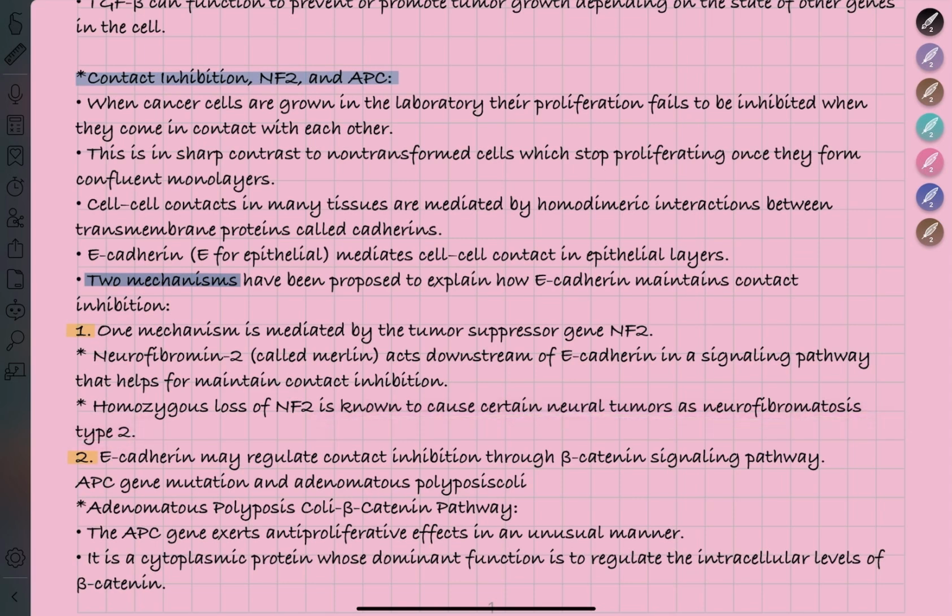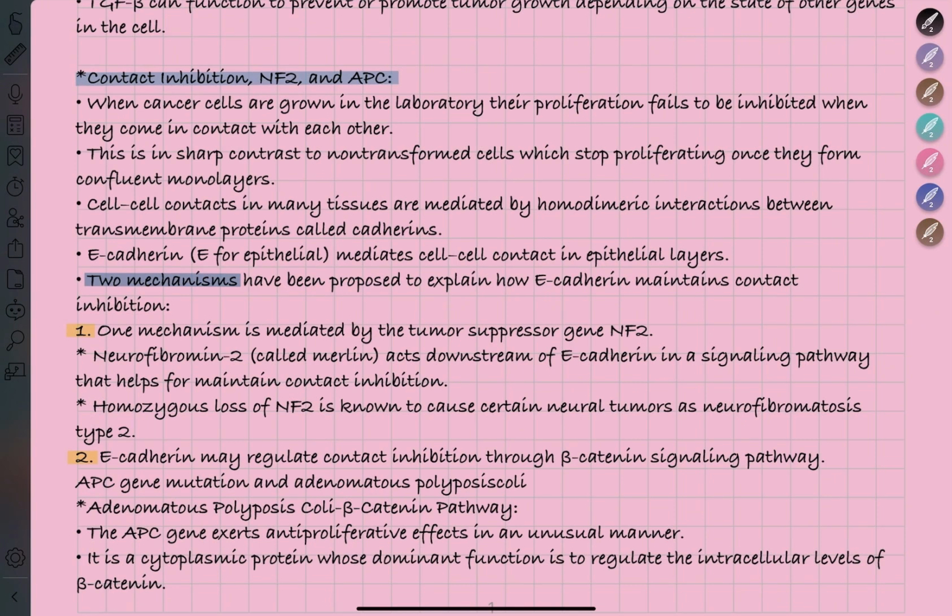Homozygous loss means you're losing both of the normal genes. So the loss of NF2 means you lose the contact inhibition ability, and the cells are going to keep proliferating without control.